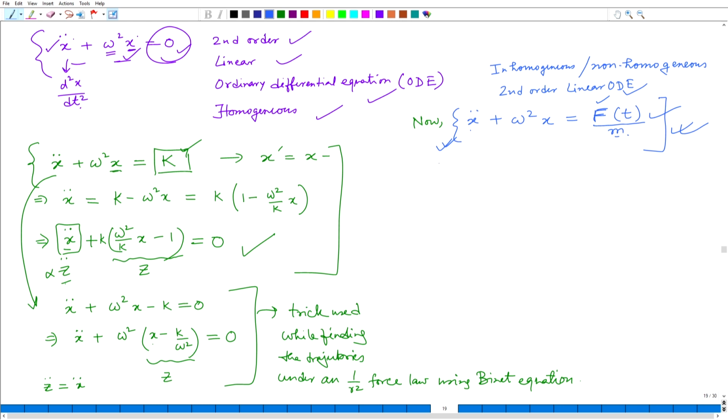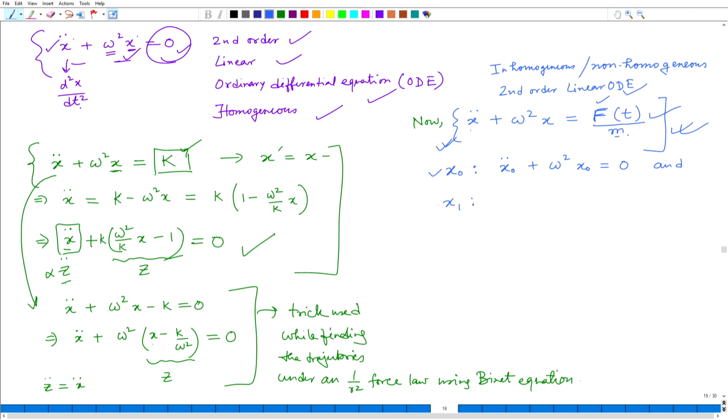Then if I have x 0 as its solution when the equation is homogeneous, that means x 0 is such that x 0 double dot plus omega square x 0 is equal to 0. And we have our x 1 solution.